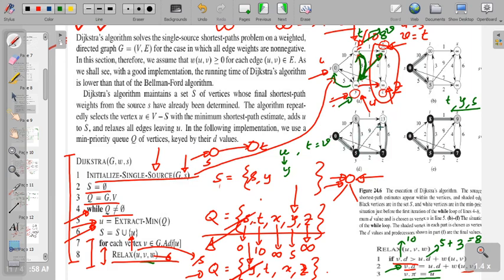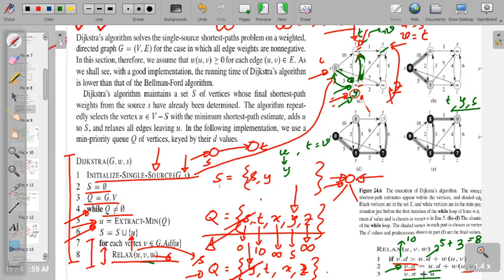So 9 plus 5, once I have discovered this, this will be, I guess, 14. So from here to here, once I have discovered this, I can also reach.